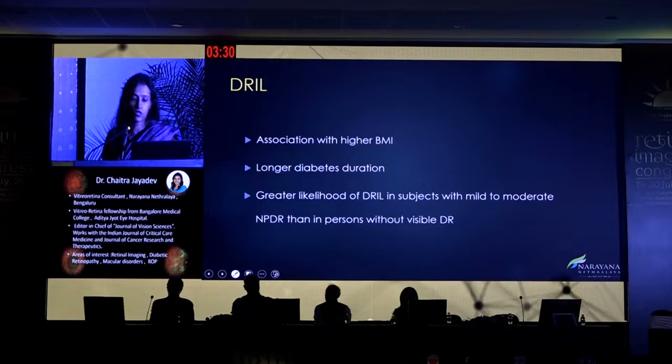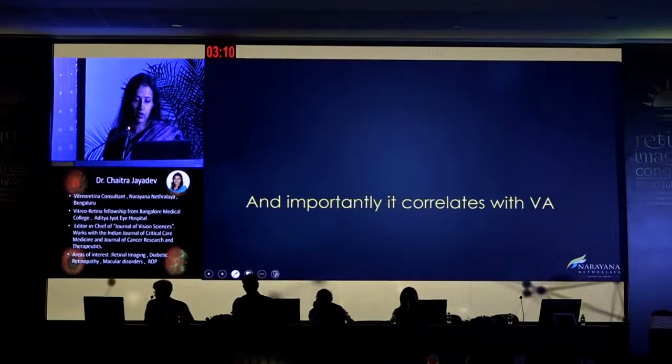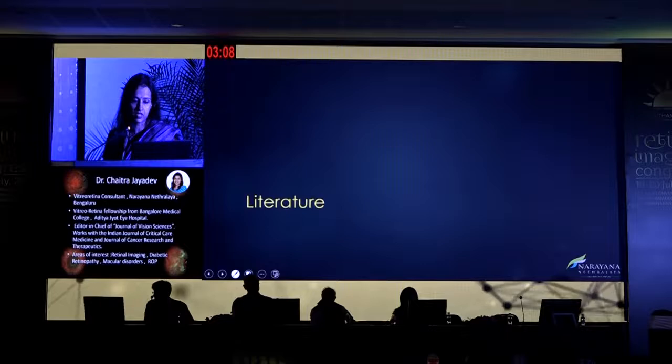Even in these patients, they saw it associated with higher BMI, longer diabetes duration, and a greater likelihood in those patients with mild to moderate DR than in those with no visible DR. So this is one of their slides in which they have shown there is no macular edema, but you're still able to see DRIL. So DRIL reversal does happen, and importantly, it correlates with visual acuity.